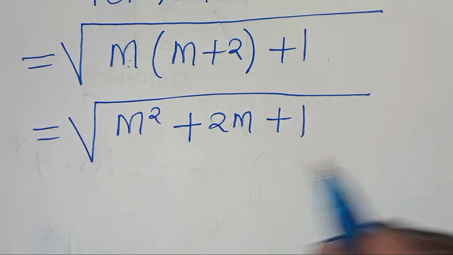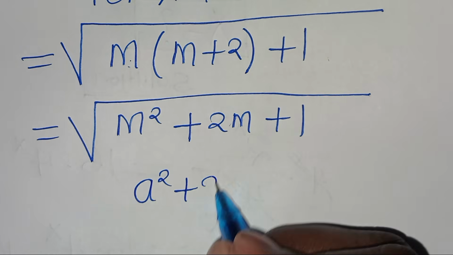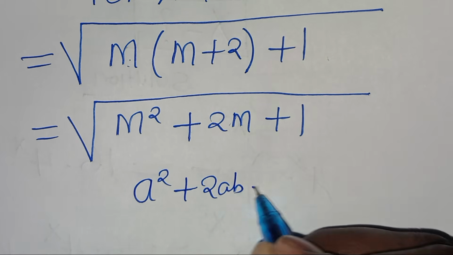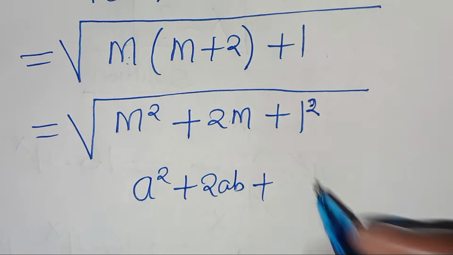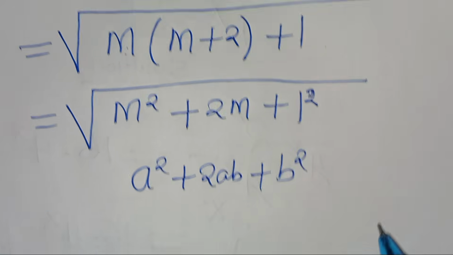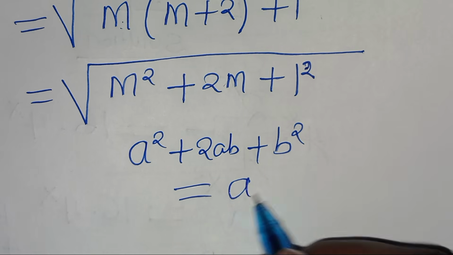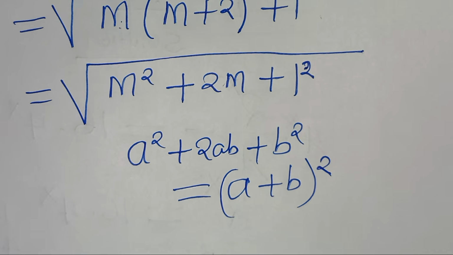This is actually in the form of a squared plus 2ab plus b squared, where b squared is the same thing as 1 to the power of 2, which we can express as a plus b raised to the power of 2.